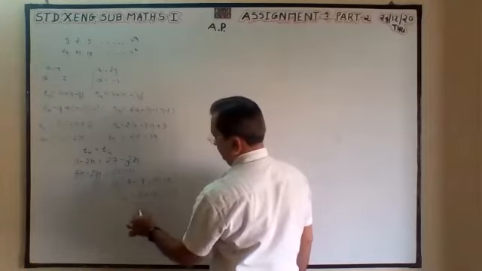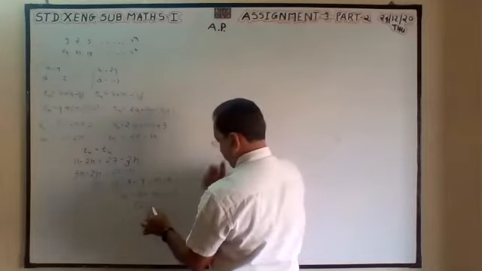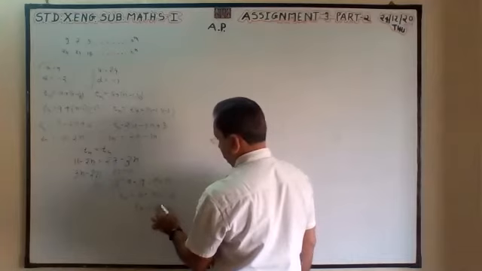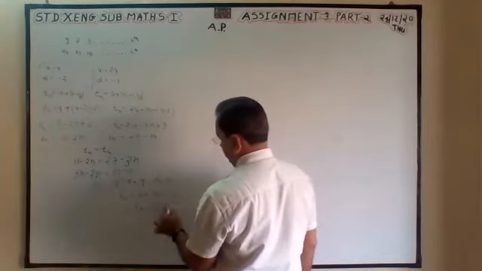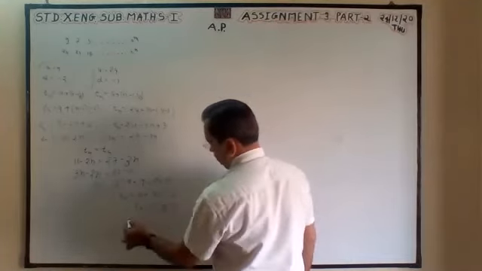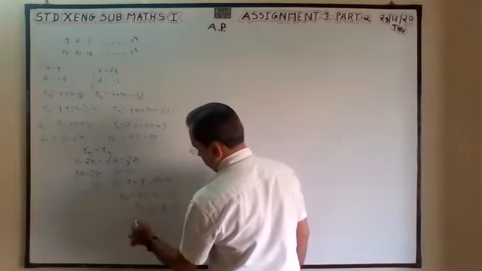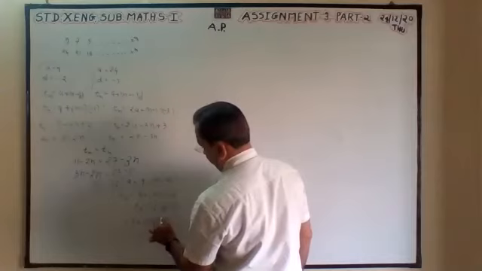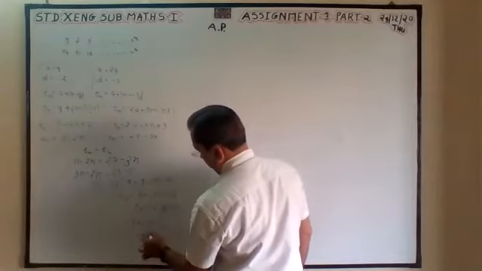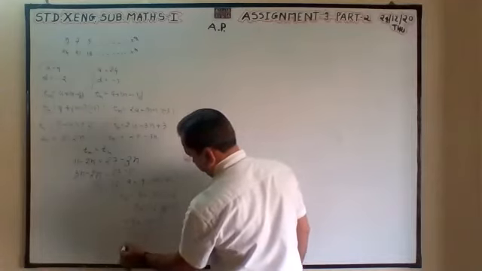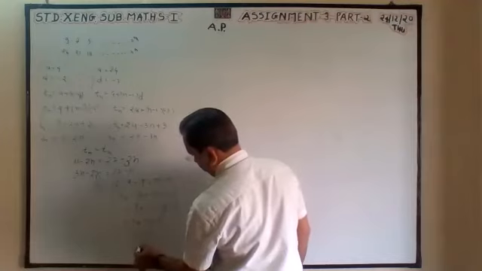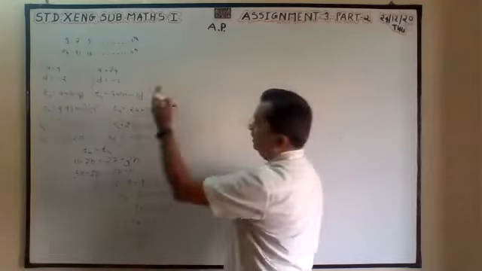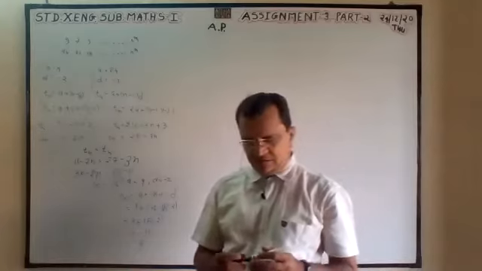A is 9, n is 16, minus 1, times minus 2. 9 plus 15 times minus 2, minus 30, so minus 21.